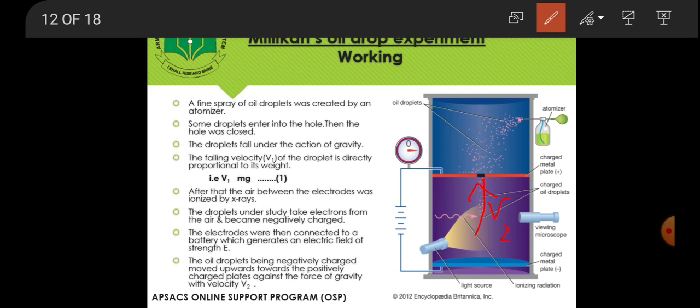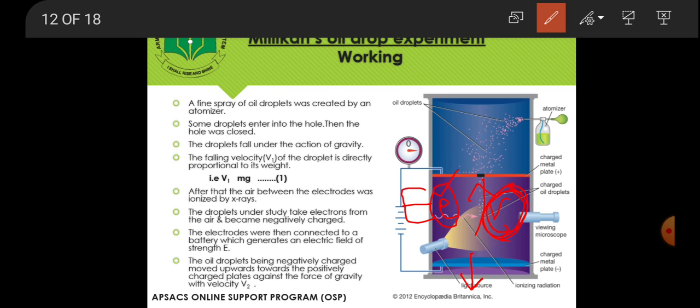This oil droplet is now moving against the force of gravity with the velocity v2, and this velocity v2 depends upon the strength of the electric field E, and upon the charge which is present on the oil droplet.